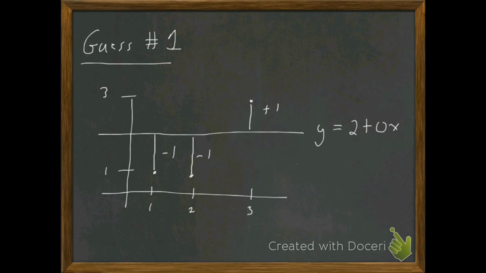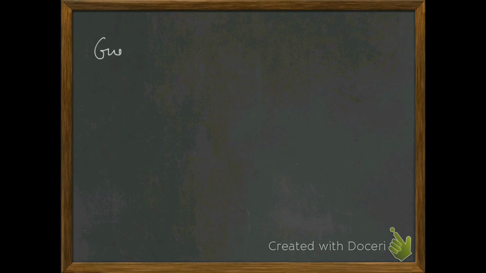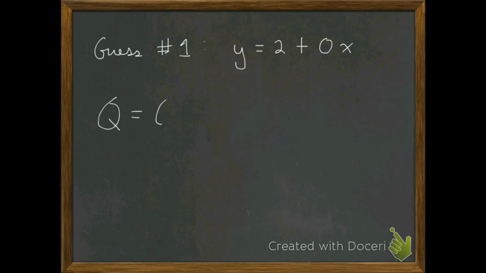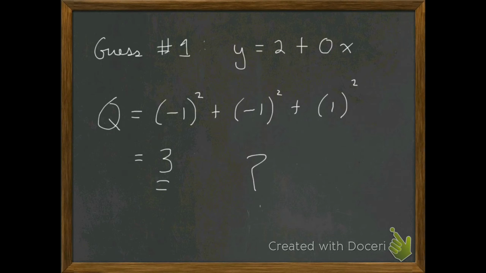So guys, for guess number 1, which is 2 plus 0x, my q would be equal to -1 squared plus -1 squared plus 1 squared, which is equal to 3. Now, is that the minimum value of q? I don't know, but it's a guess.